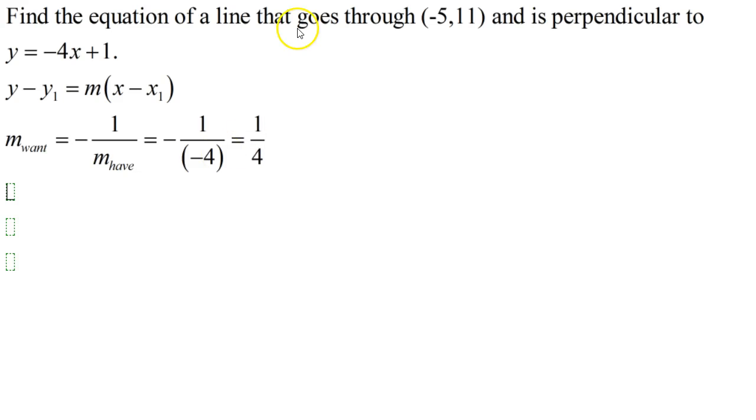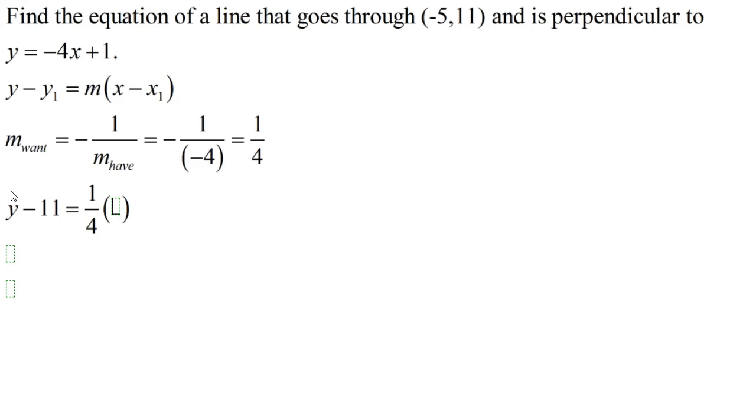And that is the slope we're going to use in this formula here to find the equation of a line that meets all of these conditions. So y minus y1, which is 11, equals the slope we wanted, which is 1/4.